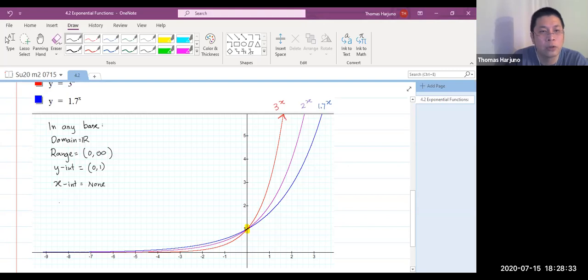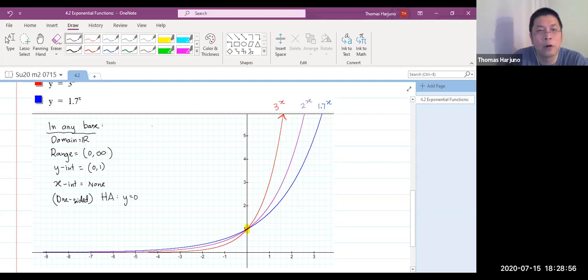And we have a horizontal asymptote. Horizontal, I think I want to say one-sided. The horizontal asymptote is y equals 0. That's for any base.